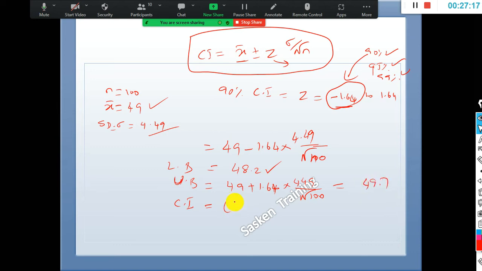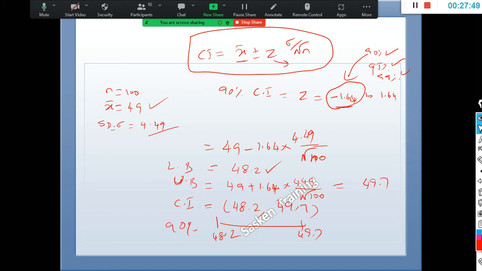So the confidence interval is 48.2 comma 49.7 with 90% confidence level. The population mean can fall anywhere between 48.2 and 49.7 with 90% confidence.